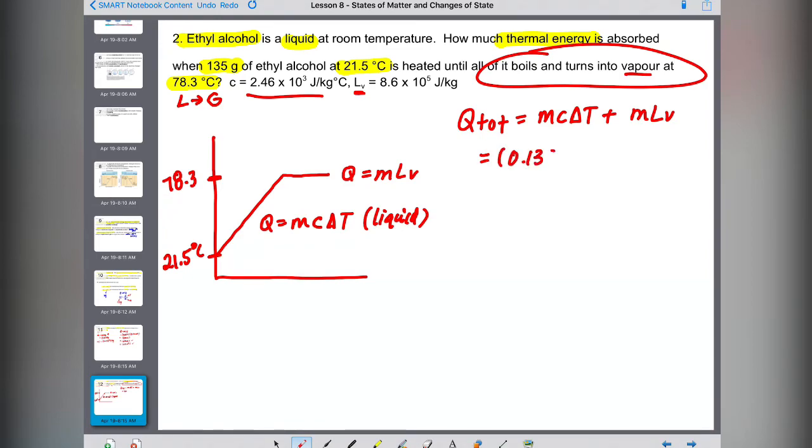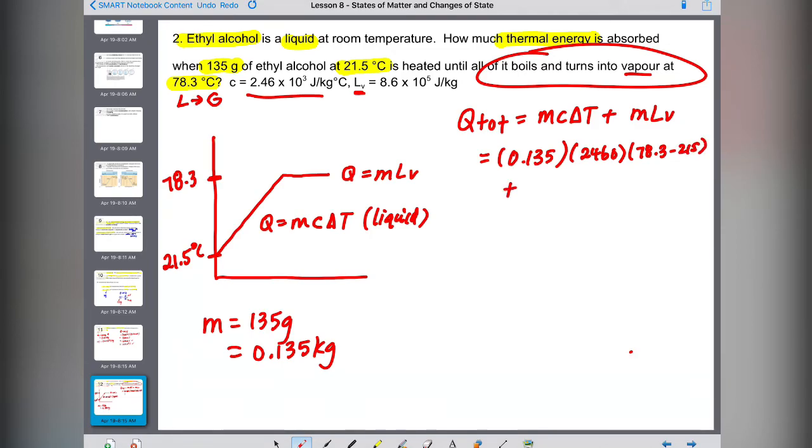So m, I didn't write out my given. m is 135 grams, so it's going to be 0.135 kilogram. And then I got the c and the Lv. The c is 2460. Delta T, I went from 21.5 to 78.3, so I'm going to subtract them, final minus initial.